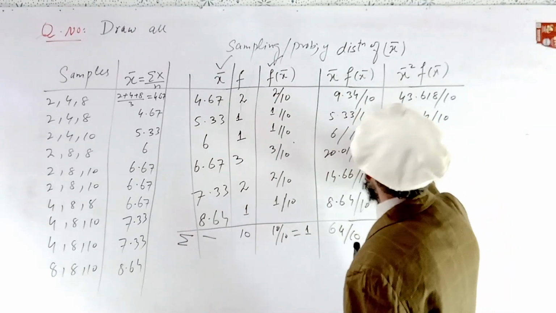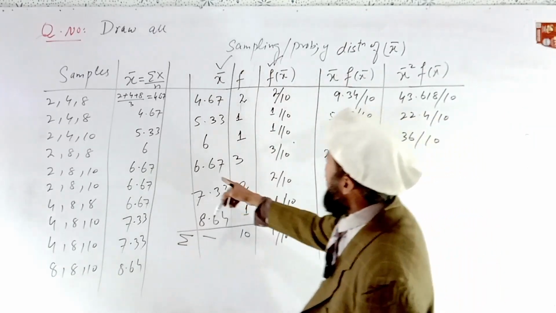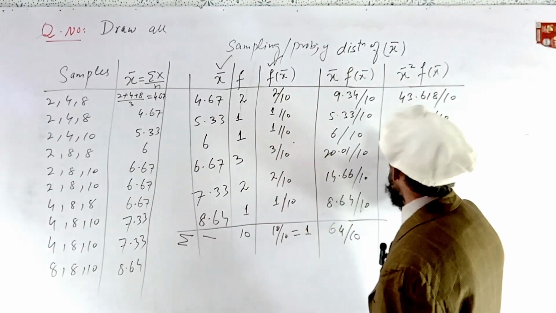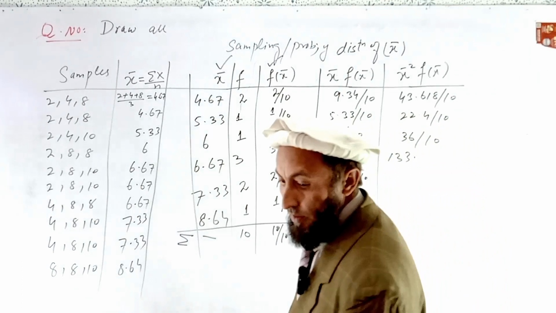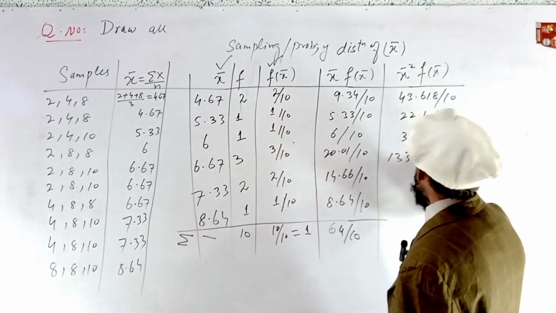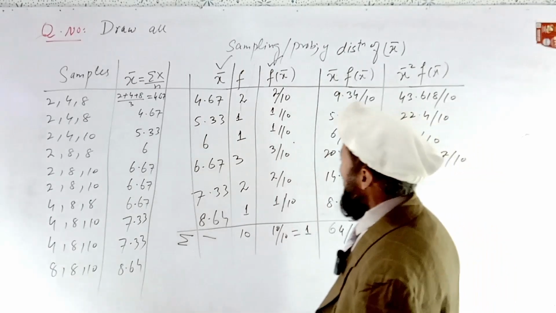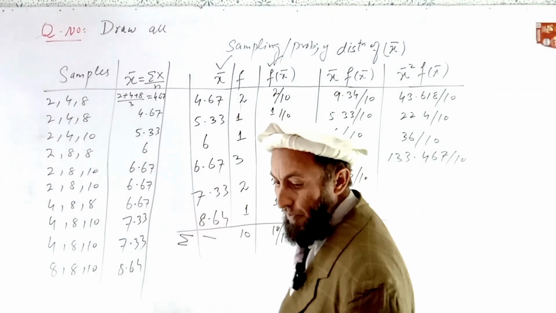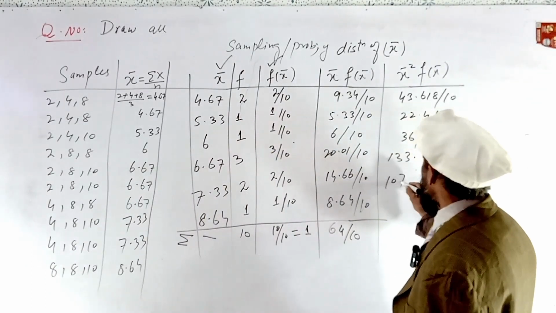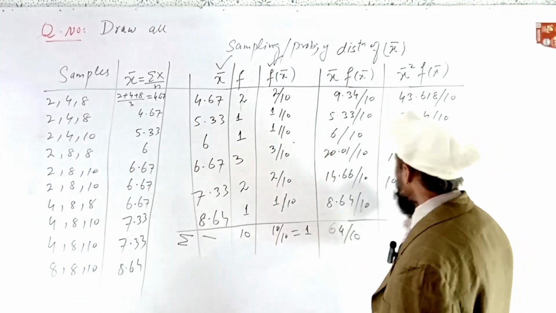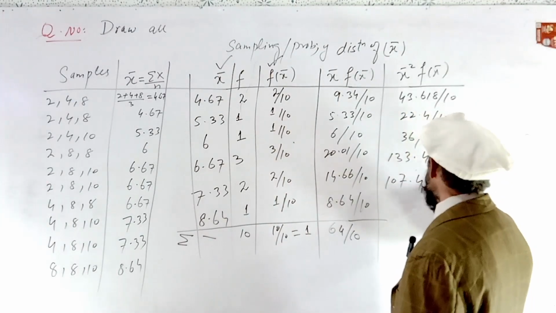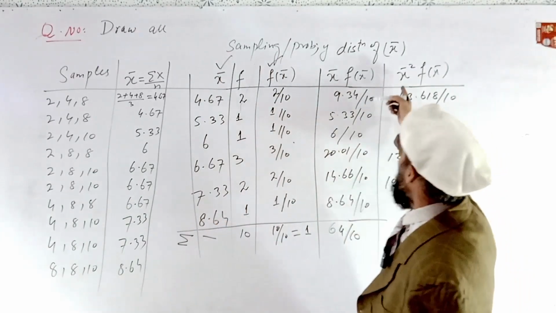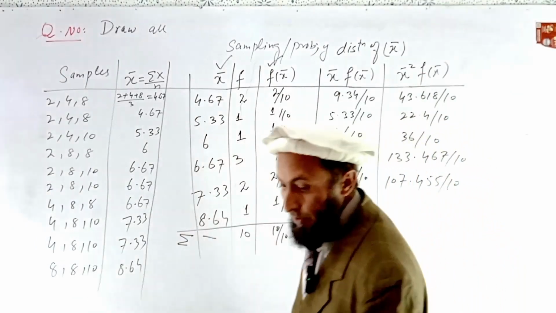Here is 36, 36 divided by 10. Similarly, 6.67, if we square this number, we get the answer 133.467 divided by 10. Similarly, 7.33, if we square and multiply by 2, we get the answer 107.455 divided by 10.